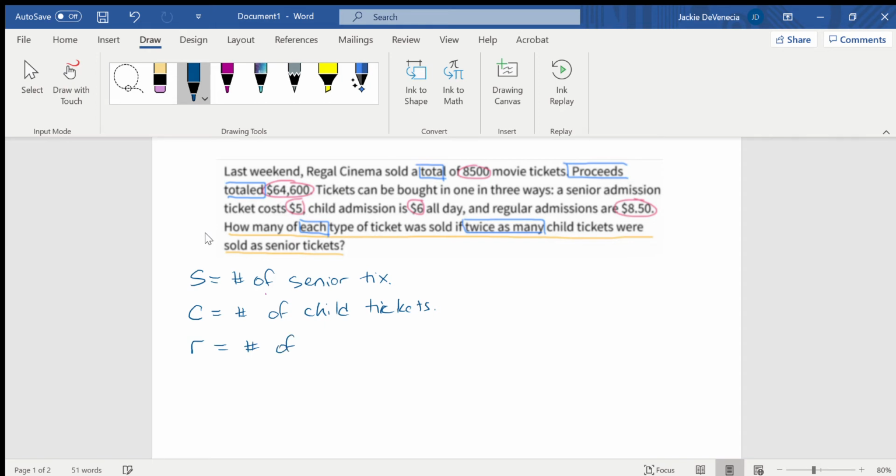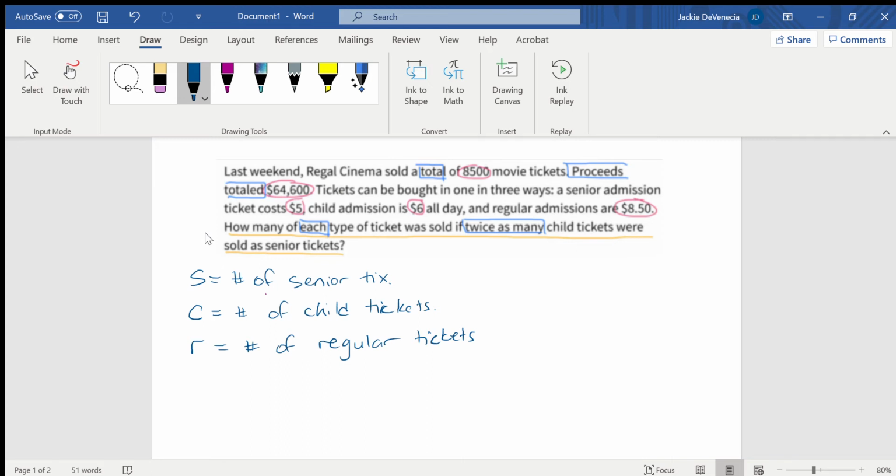I think we used A in class. Now that I have all my variables named, I can look at the other information.